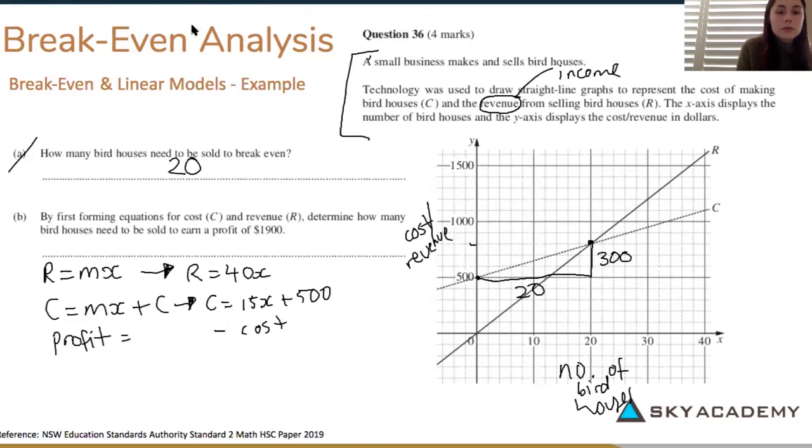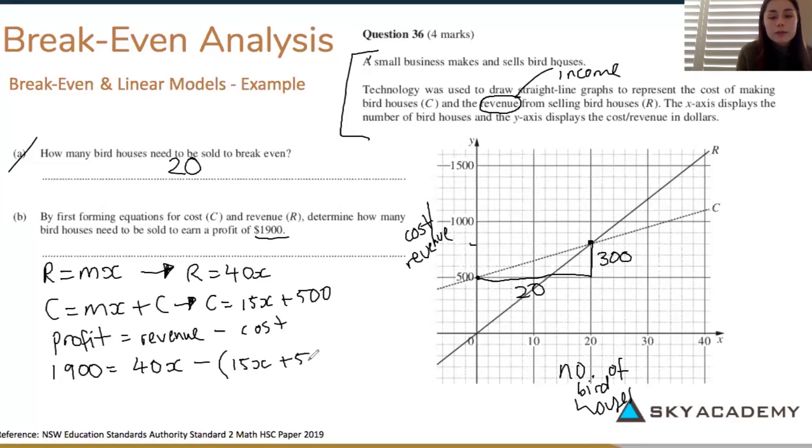Revenue. And we have a profit of 1,900. Our revenue formula is 40x. And now we're going to minus the cost. Minus 15x plus 500. And now we are going to solve this equation to solve for x.